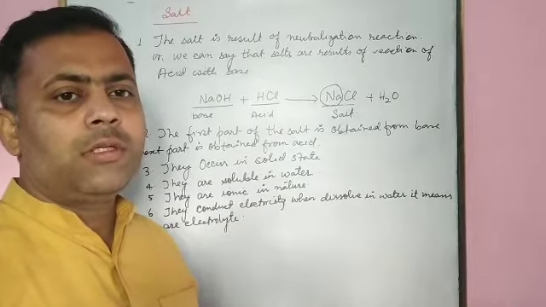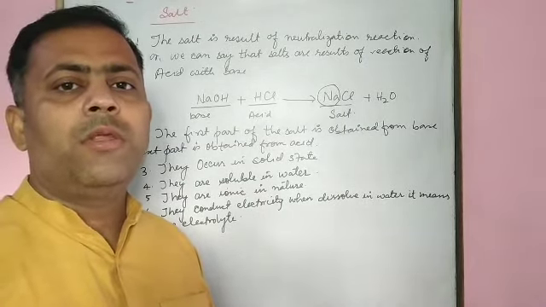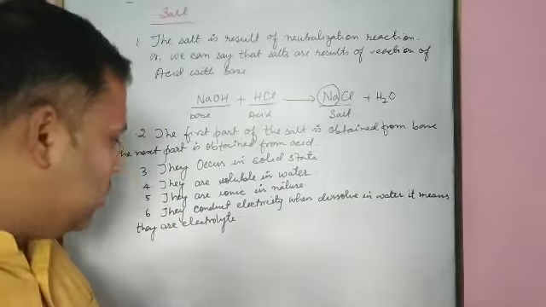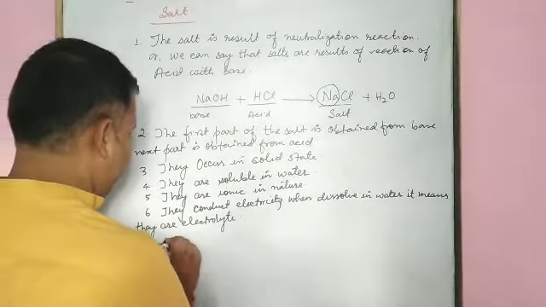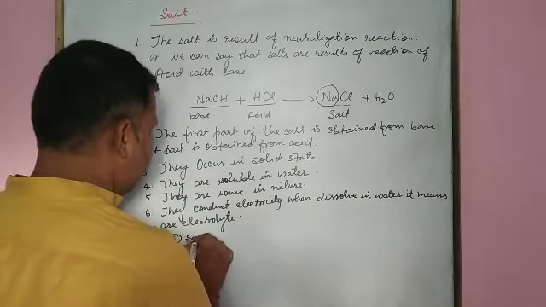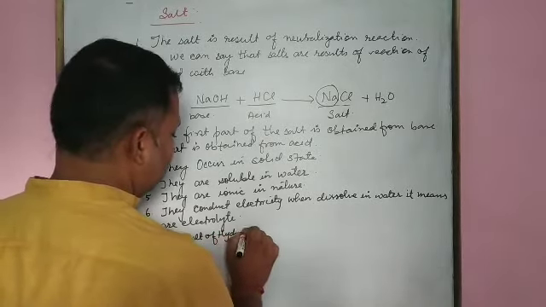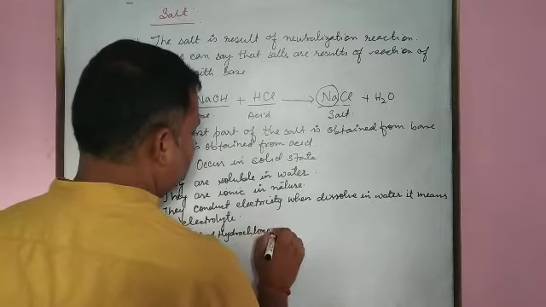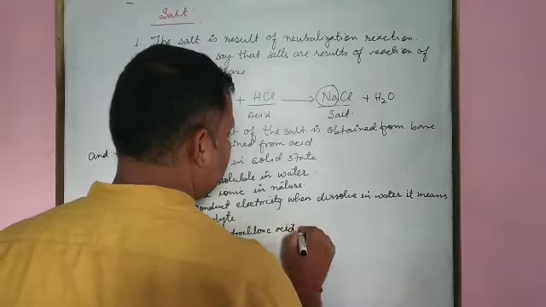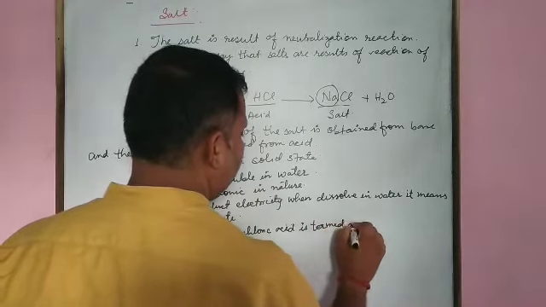Next to that, we will discuss that the name of salt is derived from the name of the acid by which they are produced. For example, the salt of hydrochloric acid is termed as chloride.